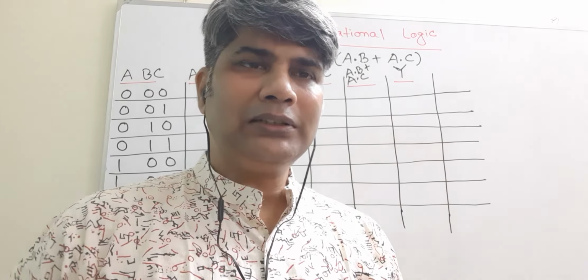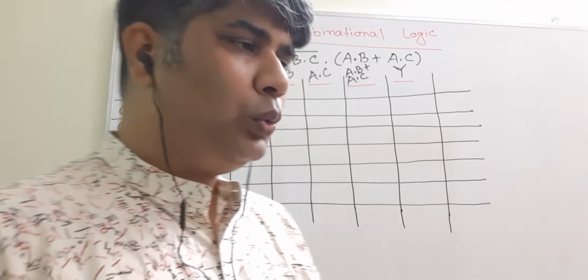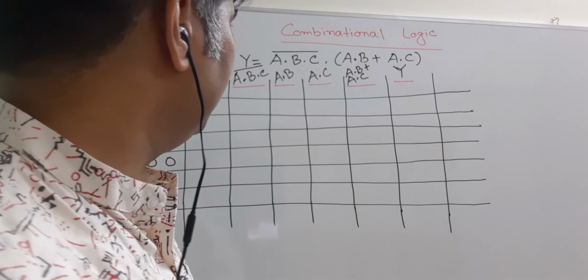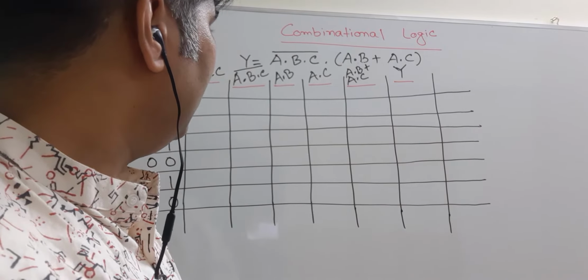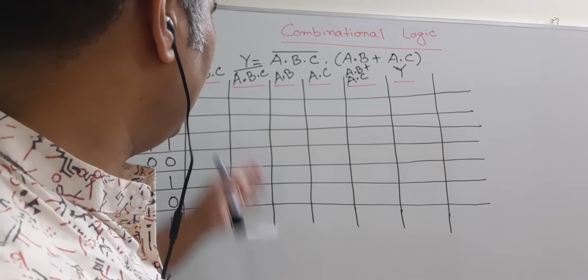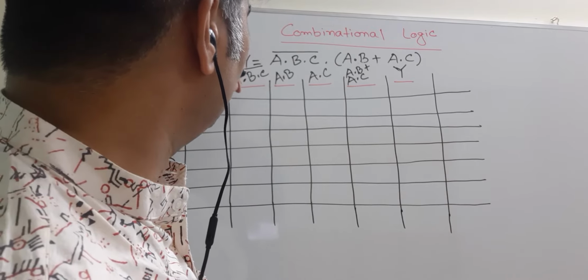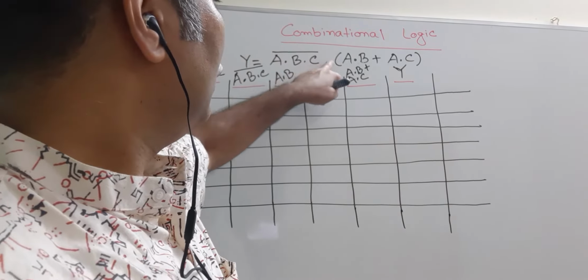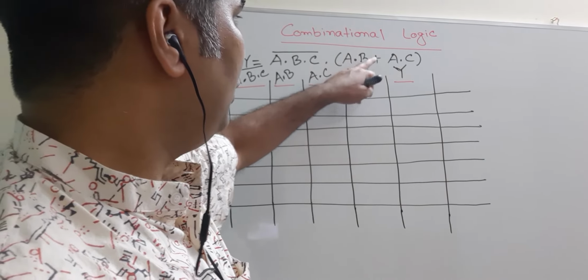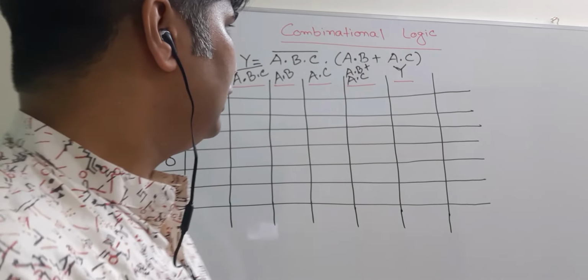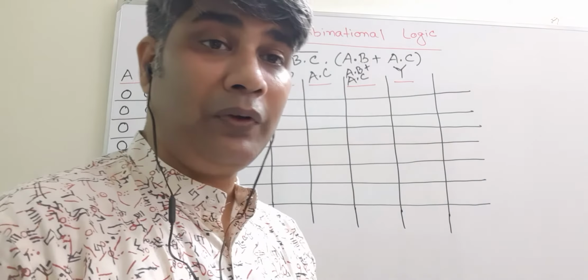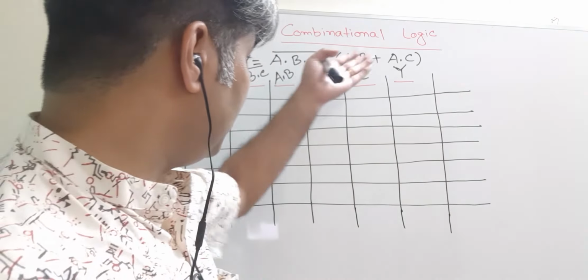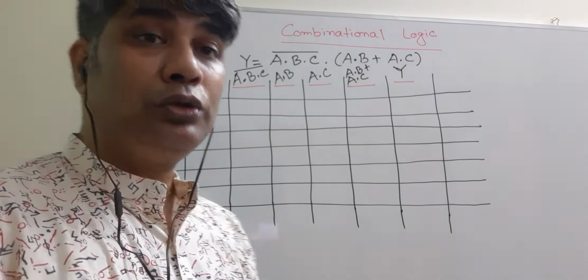So let's start. First of all, we are going to learn how to simplify a Boolean expression. I have written an expression: Y equals A B C prime plus A dot B plus A dot C. Now, how can we simplify this expression using a truth table?